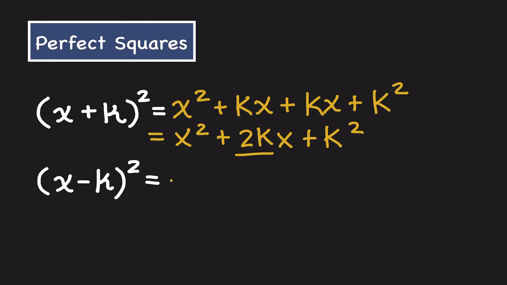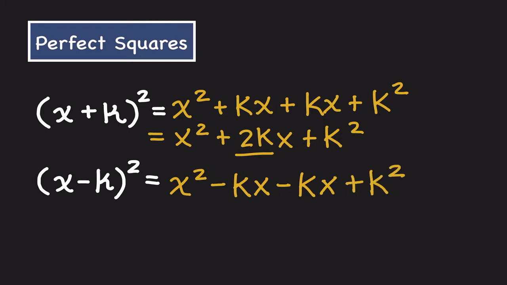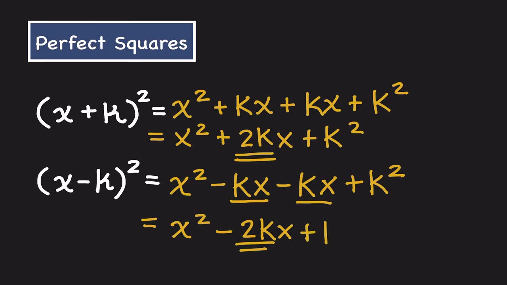Let's do the same with x minus k this time. When we do x times x, we're going to get an x squared for the leading term. We'll have one negative kx and another negative kx, and then, just like before, a k squared. So notice our middle term now will be negative 2kx, just like above, plus k squared.